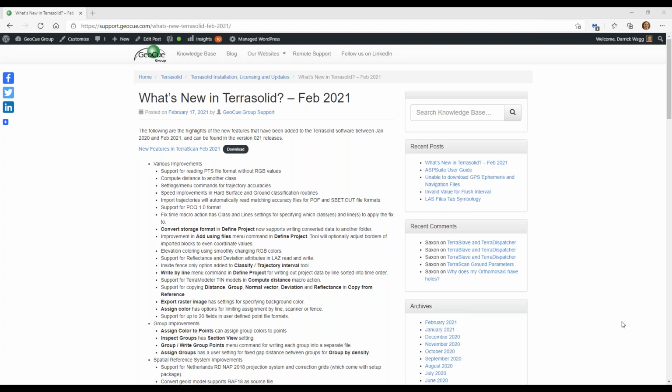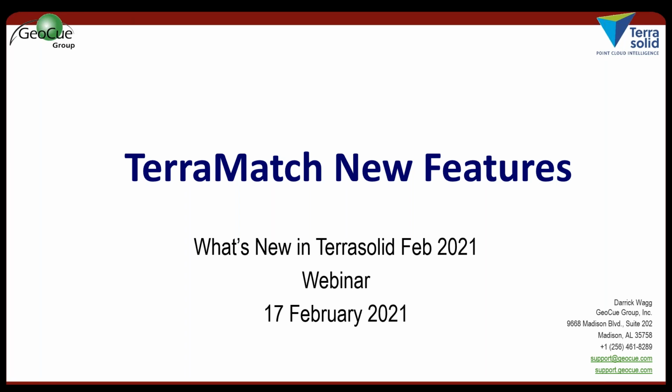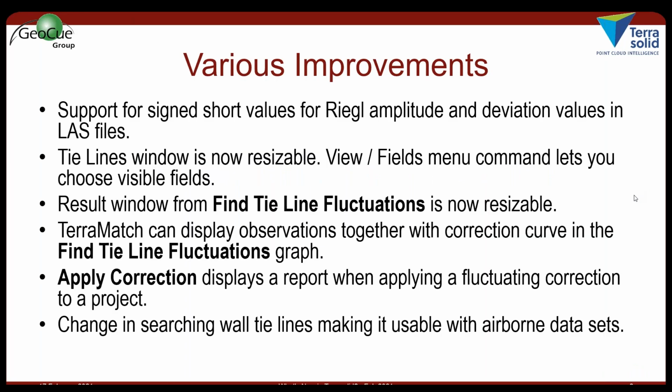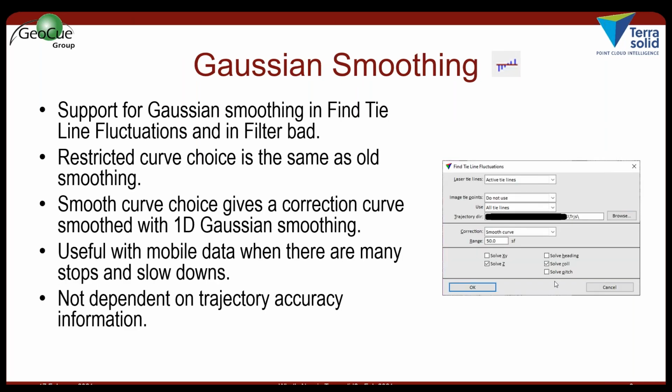In TerraMatch, again, there were a number of incremental changes over the past year, and probably one of the biggest changes is in the fine fluctuations. There is a new option called Smooth Curve, and the old option has been changed to Restricted Curve.